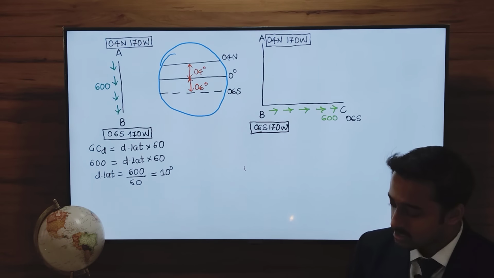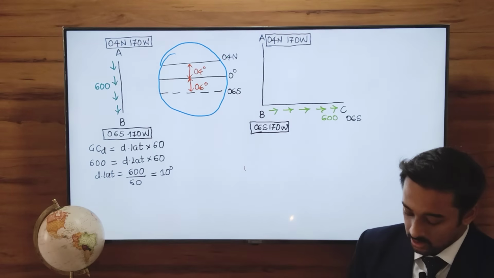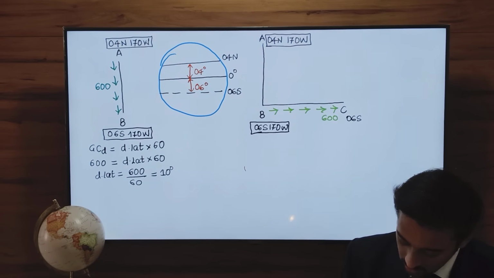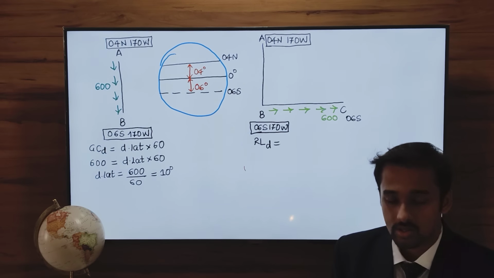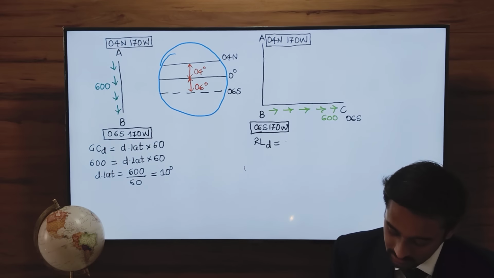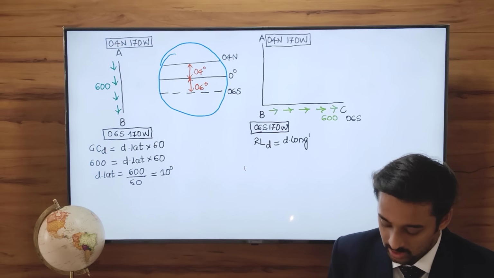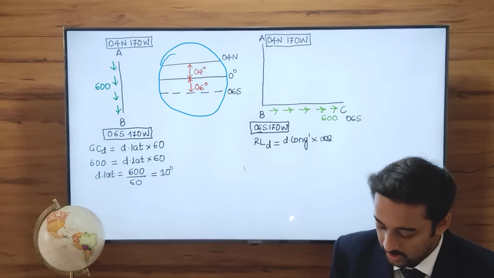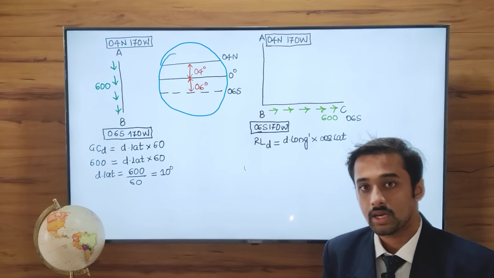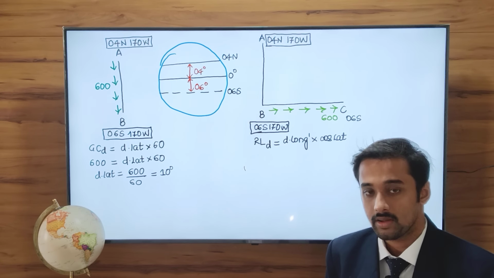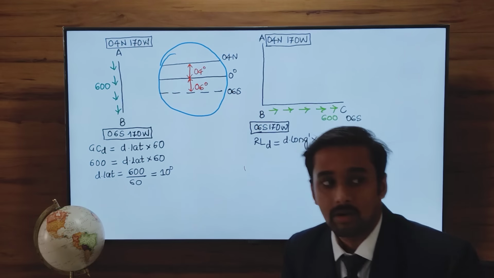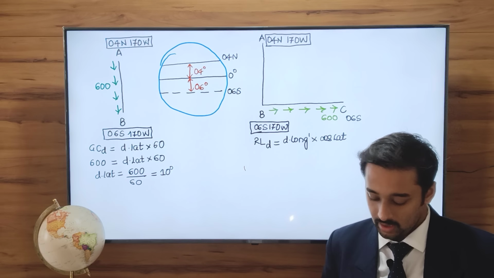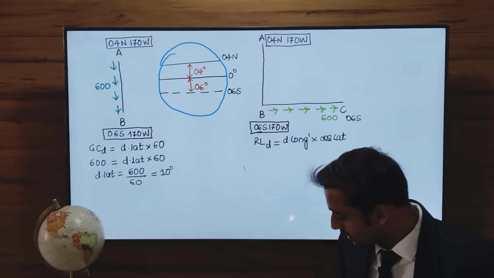So next, use your rhumb line formula. Rhumb line distance is D long in minutes into cos of latitude.